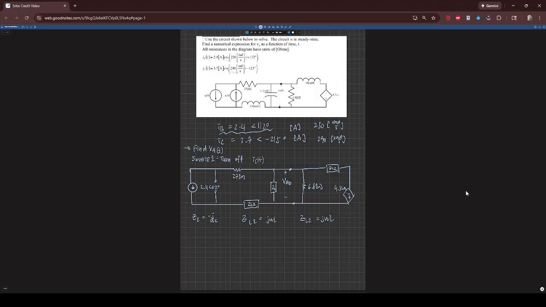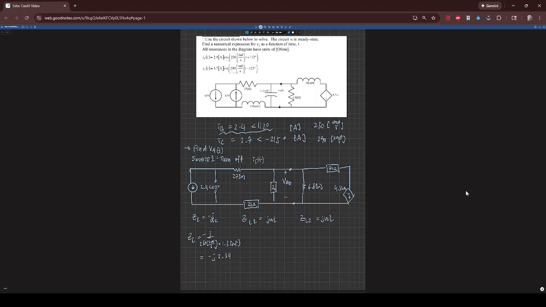So let's do it a little quick. Negative j, and as you can see, it's 230 radians per second times 1.3 millifarad. It gives us negative j 3.3445 ohms. So the unit of impedance is ohms.